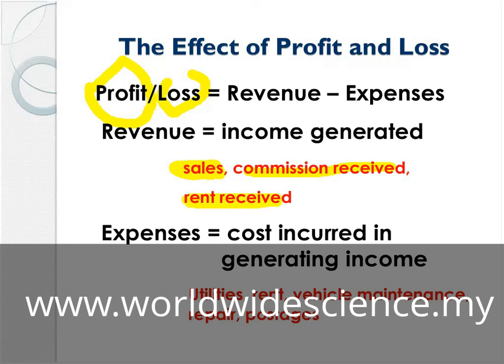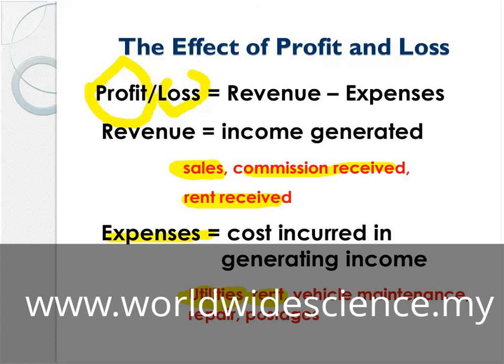So expenses are the costs incurred in generating income. Utilities, for example, we have some stock shops. We use electricity, water, and so on. We pay for utilities, right? And these are our business expenses. Rent, we pay for rent of any stocks, right?